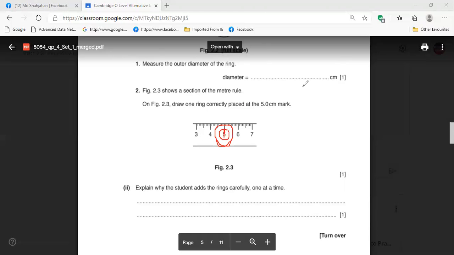Is it clear? Yes, sir. Done? And then continue, Abir, explain why the student adds the rings carefully one at a time.